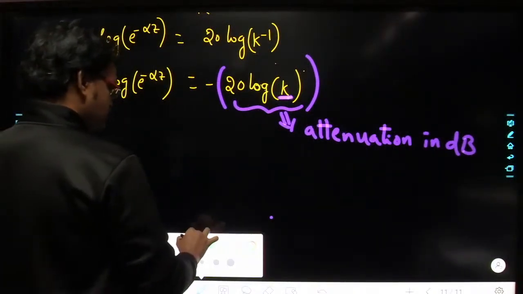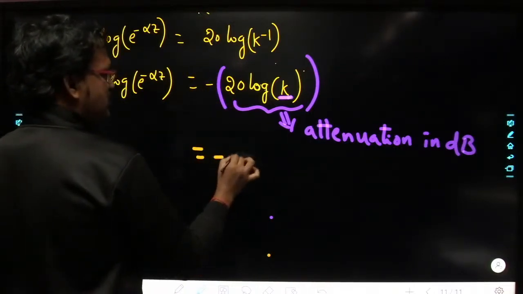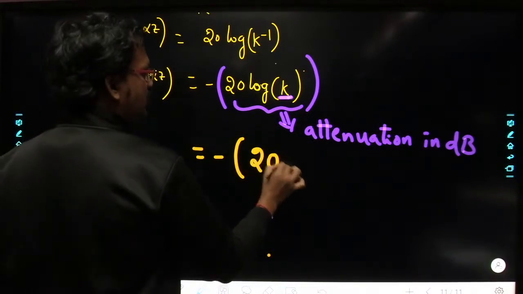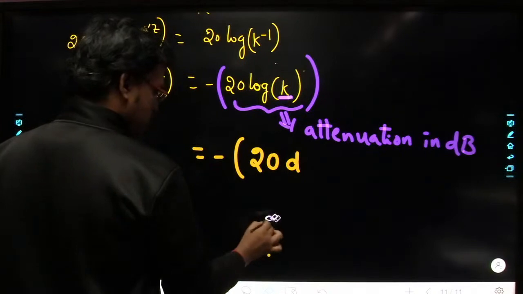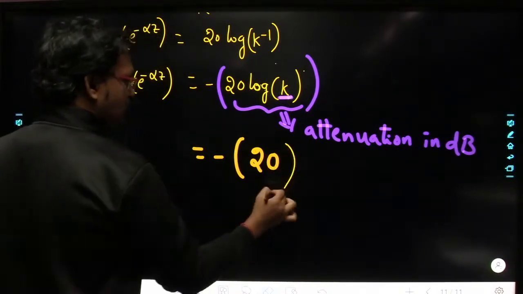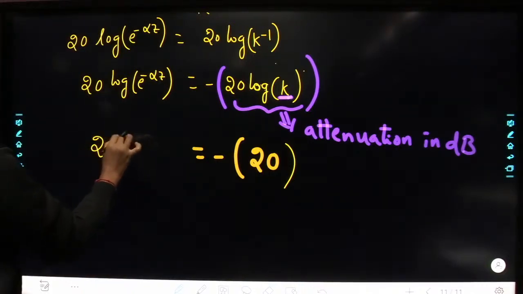So now substitute here: we have the minus, and 20 log k, the attenuation in dB, is given as 20 dB, right? So you can simply write 20. So this is equal to 20 into log of what?